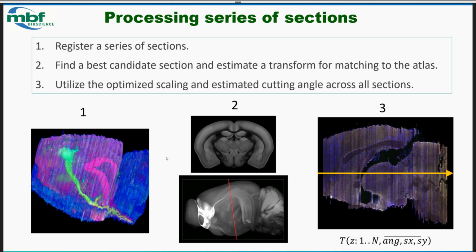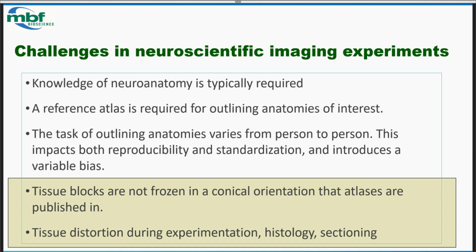We're going to be focusing on parts 2 and 3, and once we have a relatively satisfactory fit, we apply that as a starting point for estimating transforms that register all of our rostral-to-caudal sections throughout the brain volume that we're working with. And Chip's going to go into a lot of detail for that.